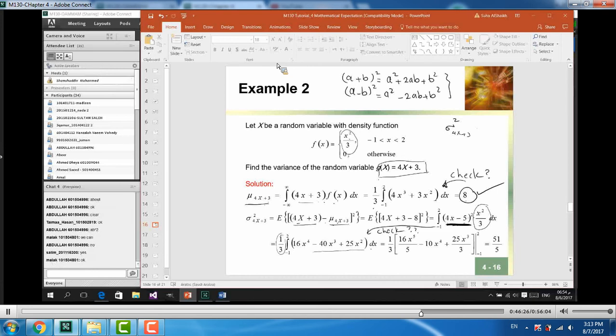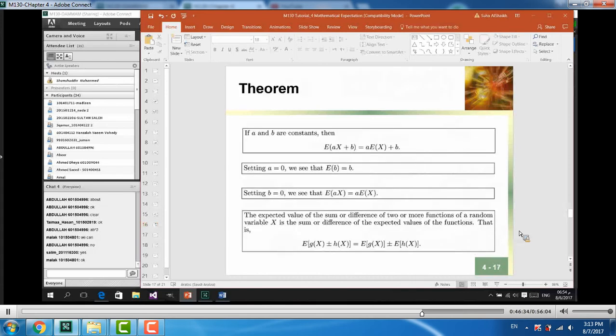Now, this theorem helped me now to find the expectation of a function. If I have expectation of a function which is ax plus b, it's a linear function here, a linear equation. The a goes outside, expectation of x plus b, like before when I wanted to find the mu of 2x مثلا plus 4.